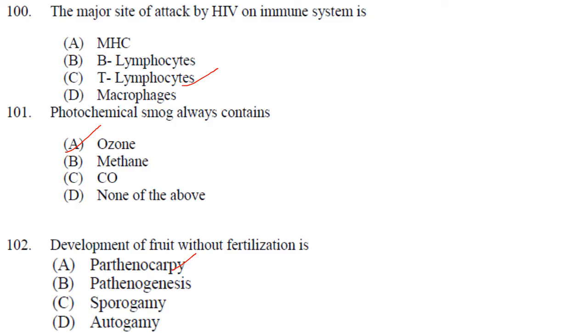So fruit without fertilization is parthenocarpy and an embryo from an unfertilized egg is parthenogenesis. Then siphonogamy is the fertilization of seed plants involving passage of the pollen tube into the ovule by the micropyle. And autogamy is self-pollination. So the answer here is parthenocarpy.